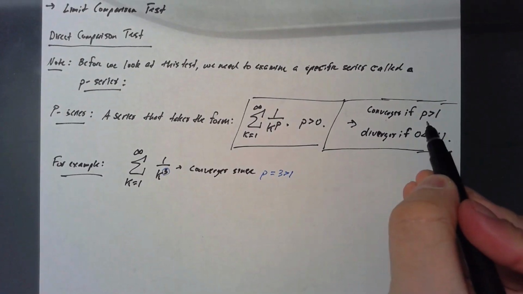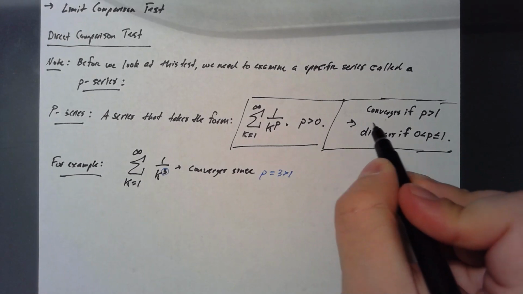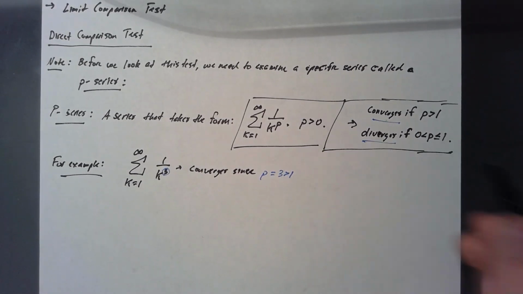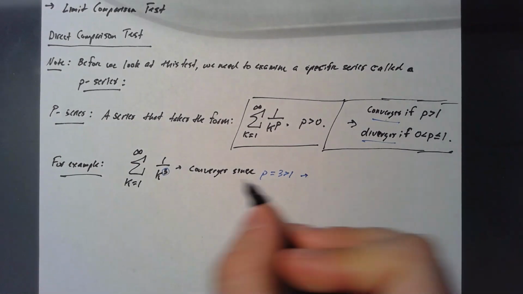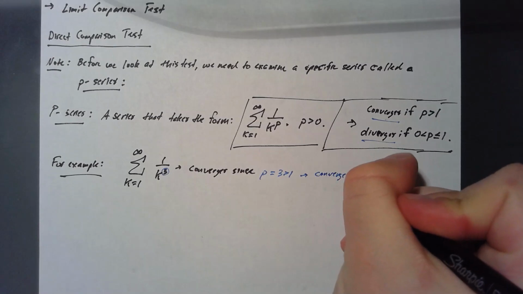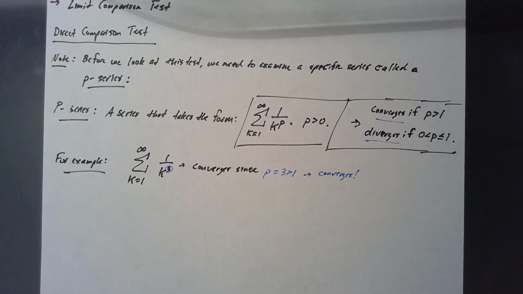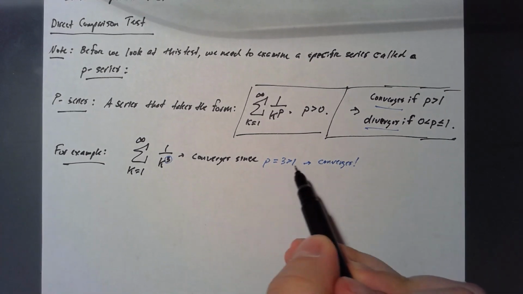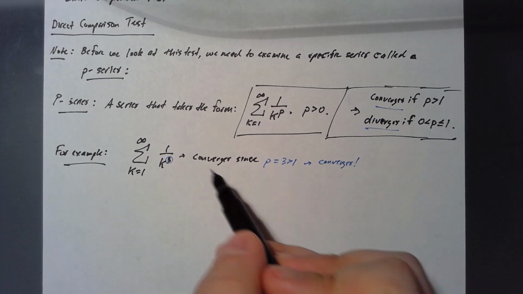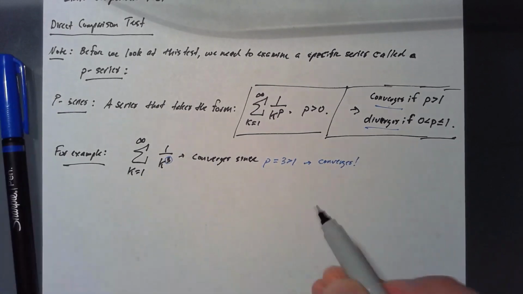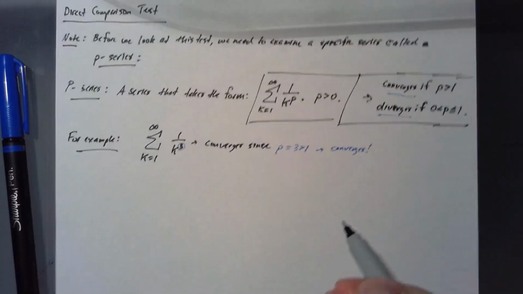And we say up here, if it's greater than 1, it means it converges. Otherwise, if it's between 0 and 1, including 1, it diverges. So that means it converges. So whenever we look at a p-series, as long as you state the value of p is greater than 1 or between 0 and 1, that's enough to conclude that a p-series converges or diverges, because by definition, that's what a p-series is.